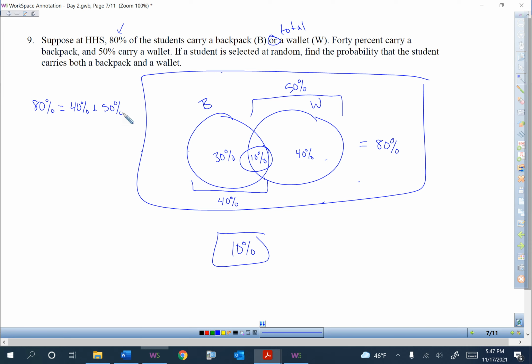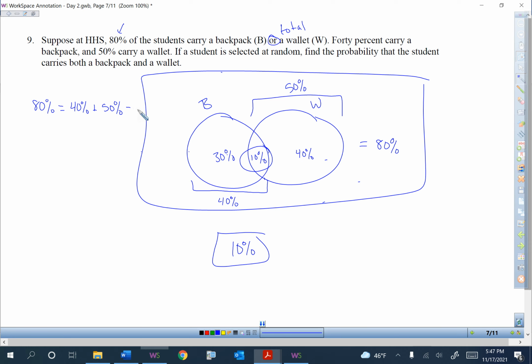Okay, I'm going to pause for a second to take a look at this. The reason we had this equaling 80 and this middle actually equaling 10 is based on this relationship right here. If you take 40% plus 50, looking at our circles, we're counting something more than once. And at this point, you don't know what. We hadn't gotten that 10 yet. But that's the part of the intersection.